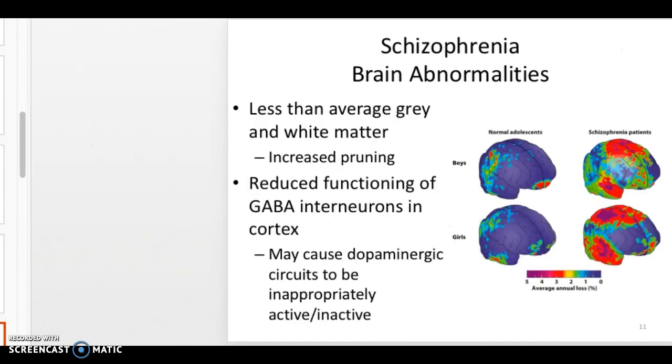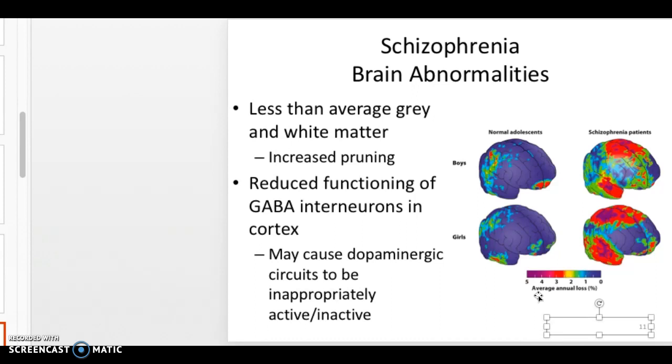One of the other brain abnormalities that they've seen is a progressive loss of gray and white matter, and this image shows how much gray matter loss they're seeing over time. It's much higher in the schizophrenic patients, and what they think is happening is that pruning, which is a normal process as a child, gets much slower when you reach adolescence.